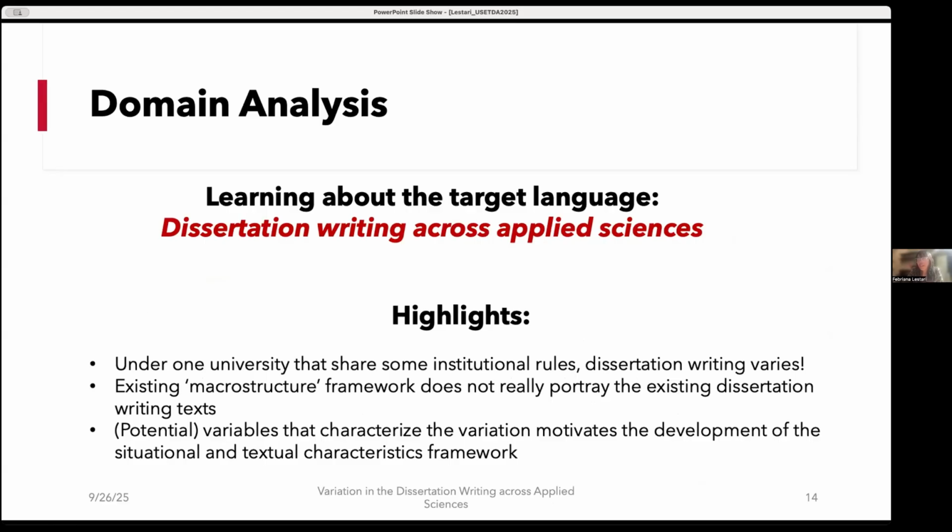In the existing macrostructure framework, dissertations are commonly coded or divided into traditional and article-based. Previous studies look at some ways to code them, but in my domain analysis, I found out that the existing framework does not really portray the existing dissertation writing texts. And potential variables that characterize the variation motivate the development of the situational and textual characteristics framework.